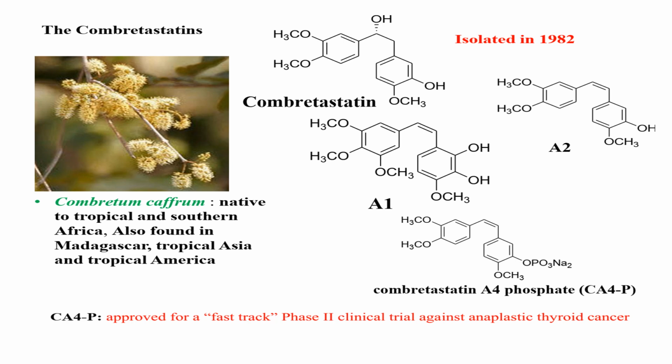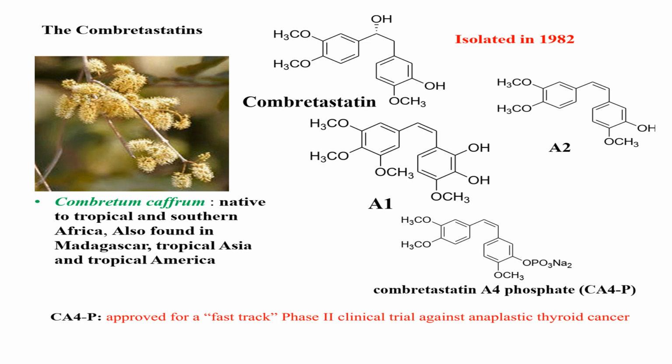Combretastatin is also another tubulin inhibitor drug. Combretastatin can be obtained from Combretum species, native to tropical and southern Africa, also found in Madagascar, tropical Asia, and tropical America. This combretastatin can be isolated and is still in the preclinical phase, because there are combretastatin A1, combretastatin A2, and combretastatin A4 phosphate, all clinical materials.